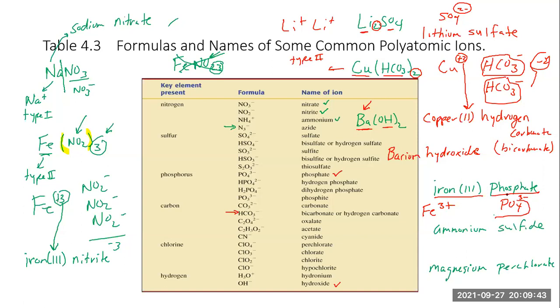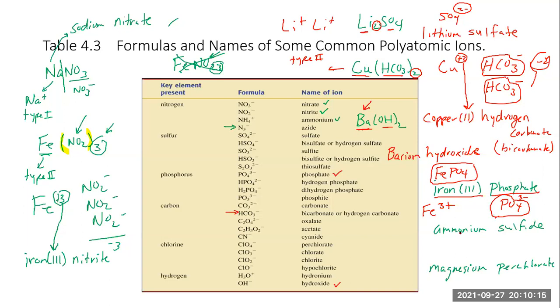This entire thing has a -3 charge, which will balance out with our +3 charge here. That means we just need one of everybody, and we would end up with FePO4. As you can see, you do not need to use parentheses if you have just one polyatomic ion. Only when you have more than one polyatomic ion do you need the parentheses.